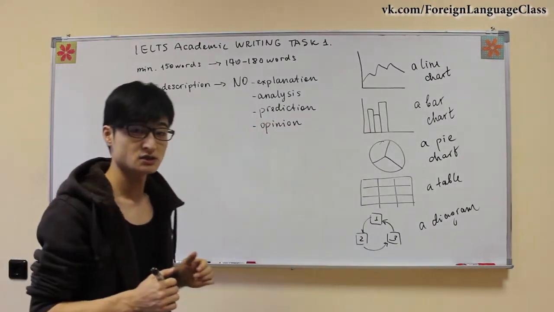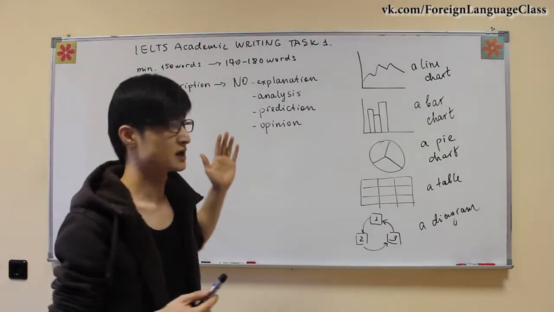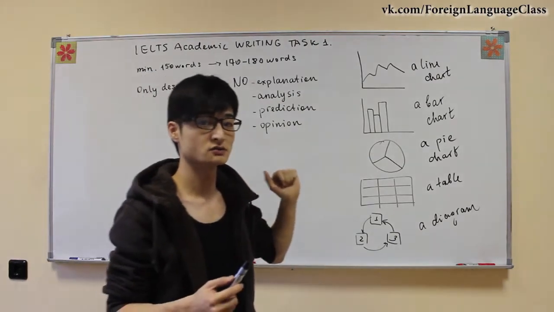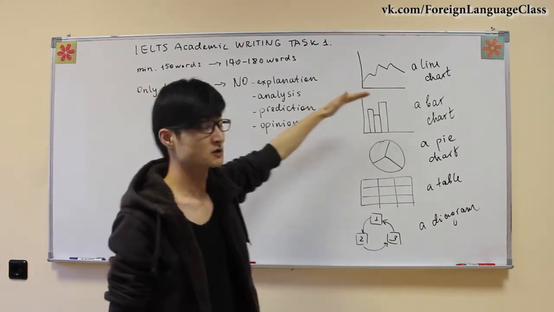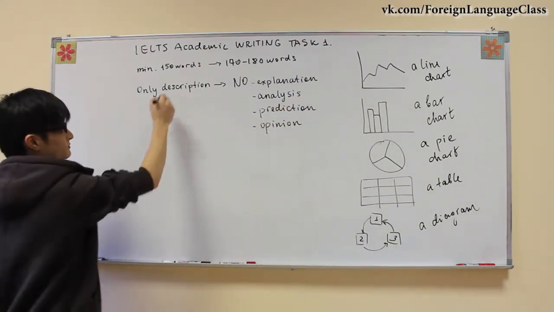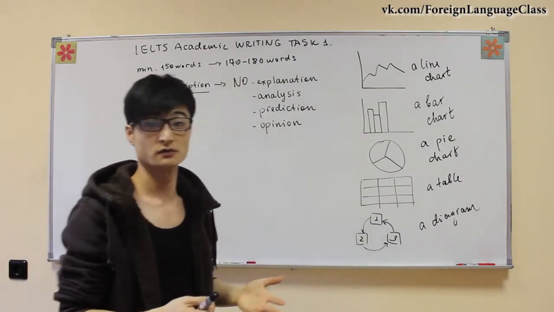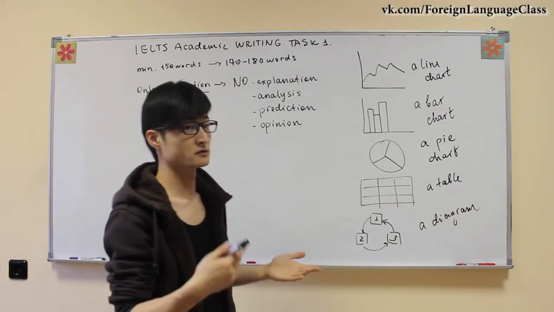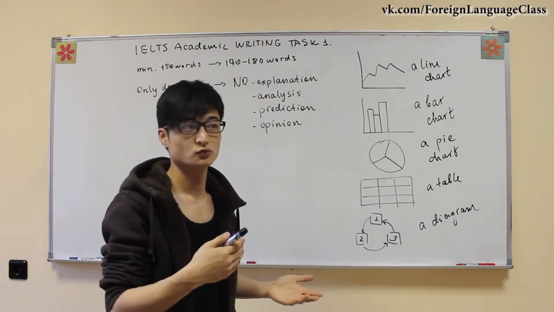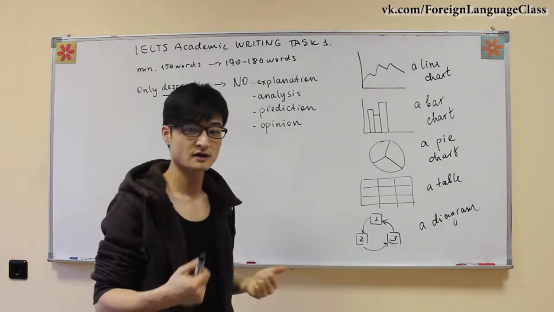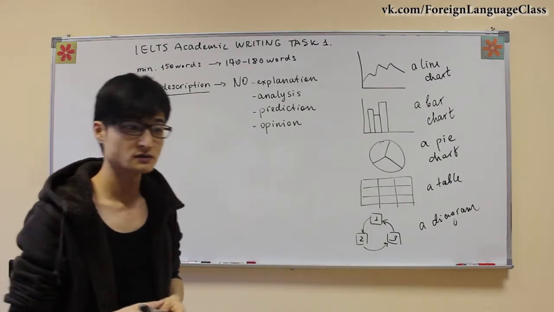In Task 1, since you don't have to write a lot, it's just 150 words, you are to describe only the information you see on the picture. Only description. You don't have to explain why it is so, for example, why the amount of spending for consumer goods was rising or falling. You just have to describe, okay? You don't have to make any analysis.